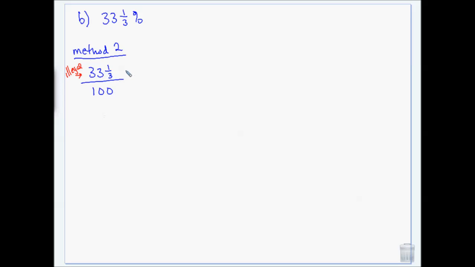So what I have to do is convert this to improper first. That's what I have to do to start. So I'll come over here and do that. 33 1/3. I multiply and then I add. I get 100/3.